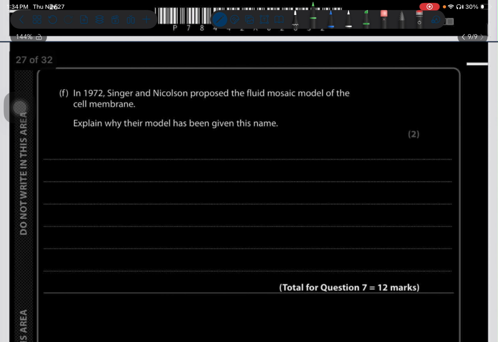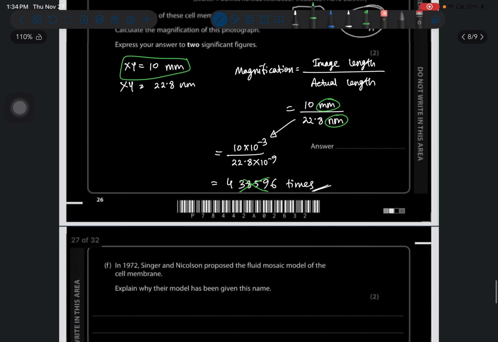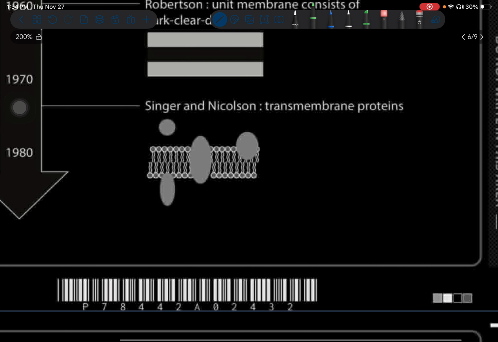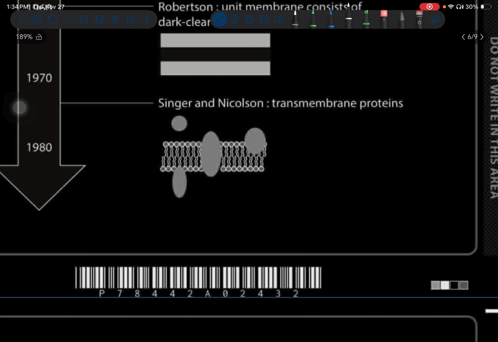This is the last part of the question. In 1972, Singer and Nicolson proposed the fluid mosaic model of the cell membrane. Explain why their model has been given this name. This is the model that we still learn, the fluid mosaic model. If you have a look here, you'll see that there are things that are floating around and things that pierce through.